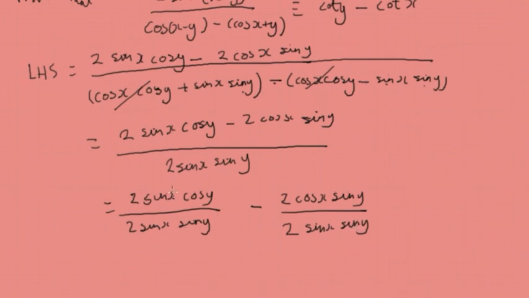And we can cancel this and this, and this and this, and the 2's as well. So it's going to give us cos y over sin y minus cos x over sin x, which gives us cot y minus cot x, which is equivalent to the right hand side. So I hope that helps.